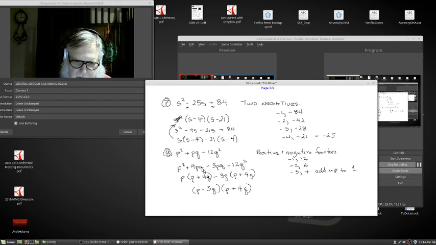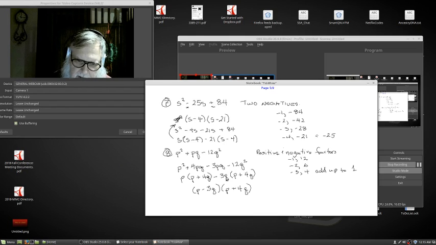Then group these together. We factor a p out of this first pair, and we get p times the quantity p plus 4q. And then we factor negative 3q out of this second pair.